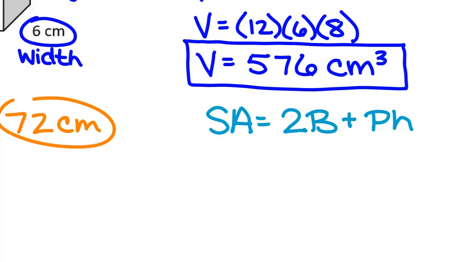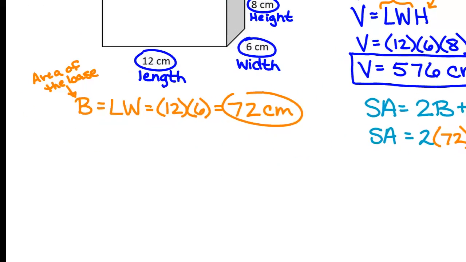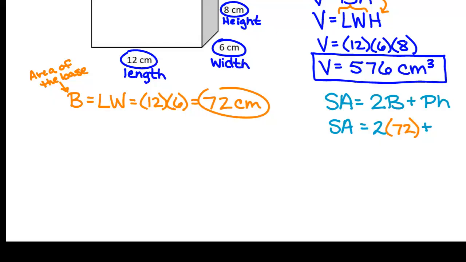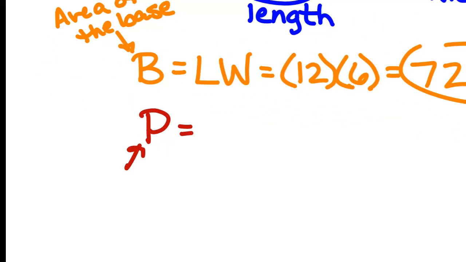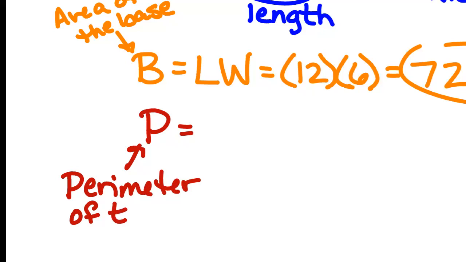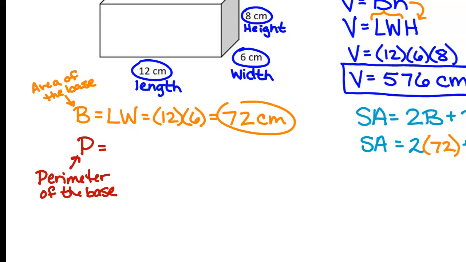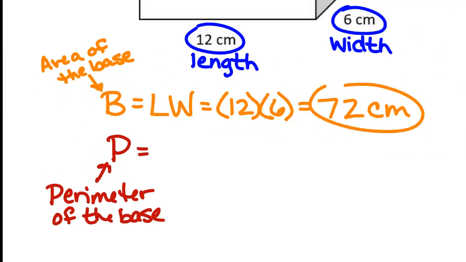So in my surface area formula, I have 2 times 72 plus, and then we need the perimeter of the base. So I'm going to add the sides that I used to find the area.